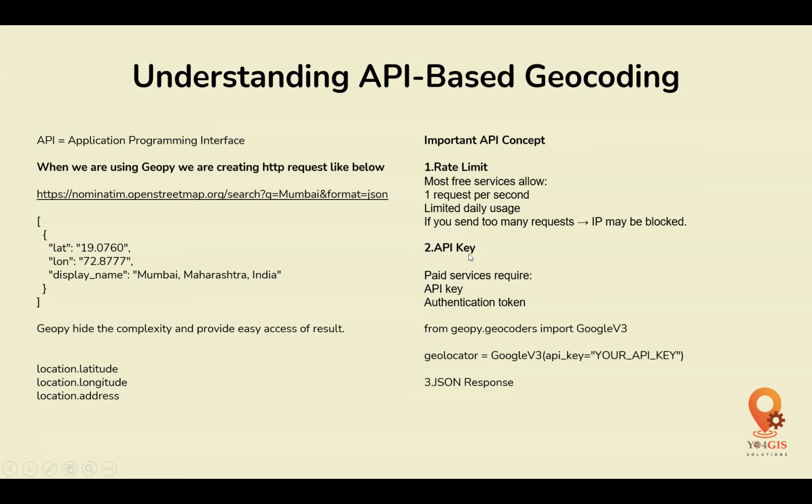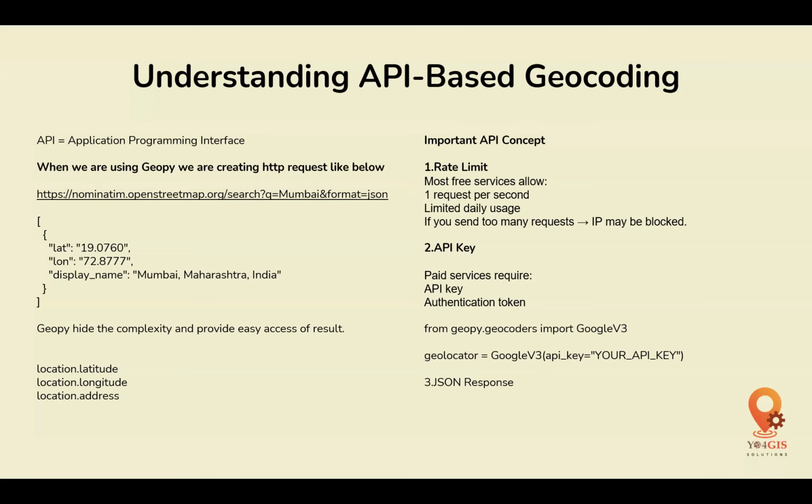What is the meaning of the API key? As I told you, if you want to write any code for one client, and you are going to use it professionally or commercially, then you can purchase the API from Google or MapMyIndia.